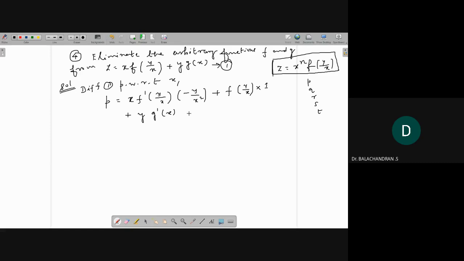You simplify further and then call it equation 2. This is p equal to, here you have x, here you have x square, you have minus, so minus y by x into f dash of y by x plus f of y by x plus y into g dash of x.